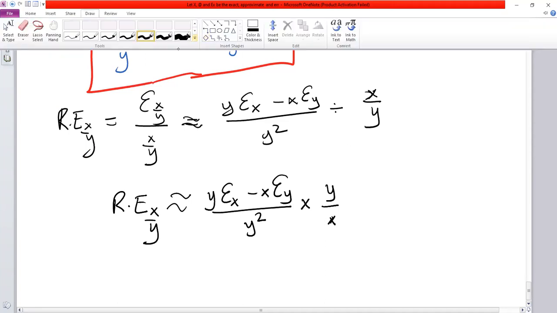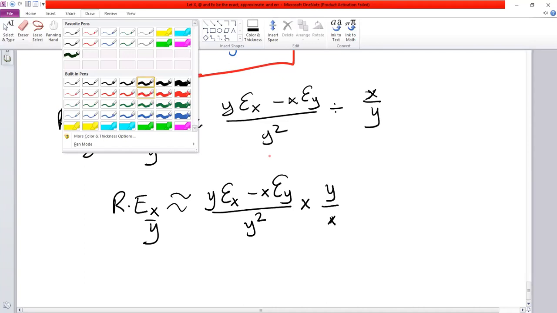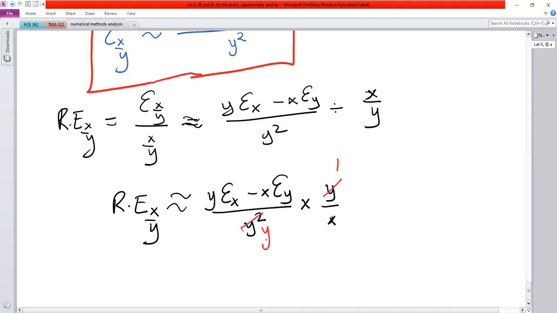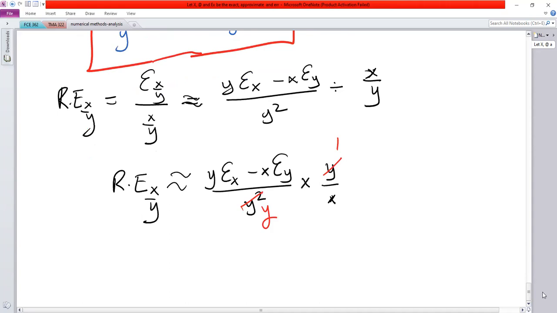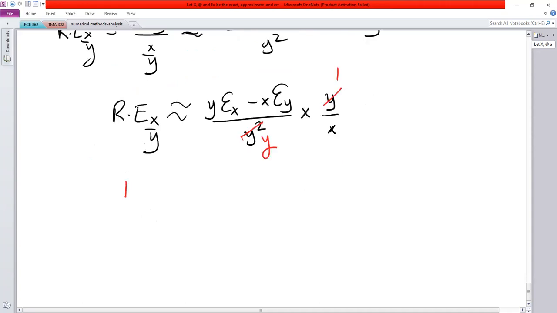Now, y will cancel one y here, so that we'll have the relative error in x over y approximately y error in x minus x error in y, over x y. Now, y times x is xy.